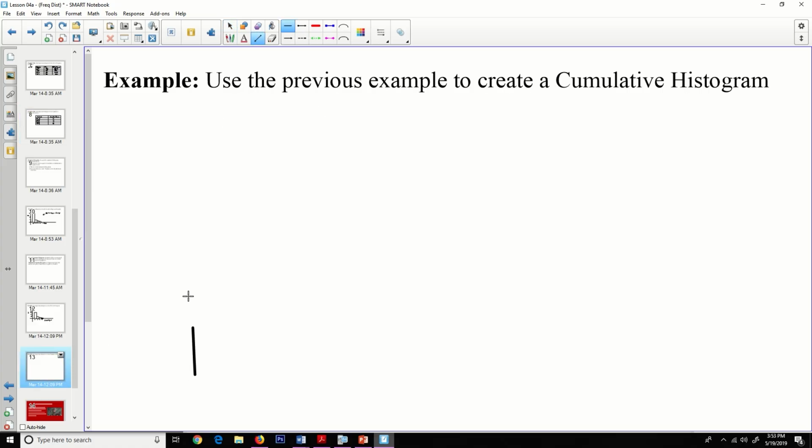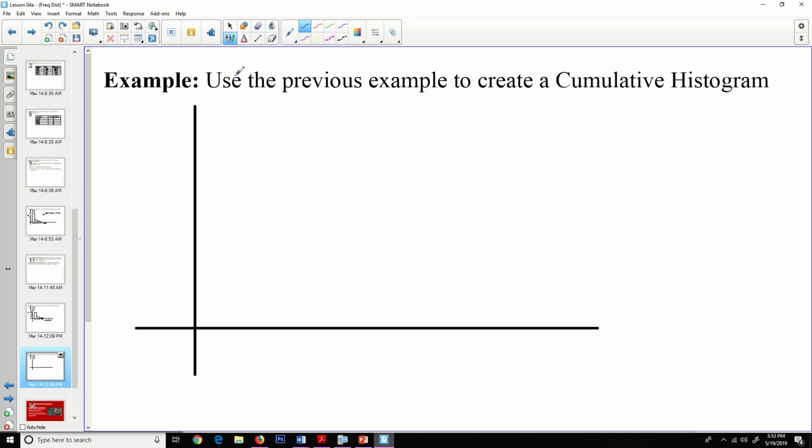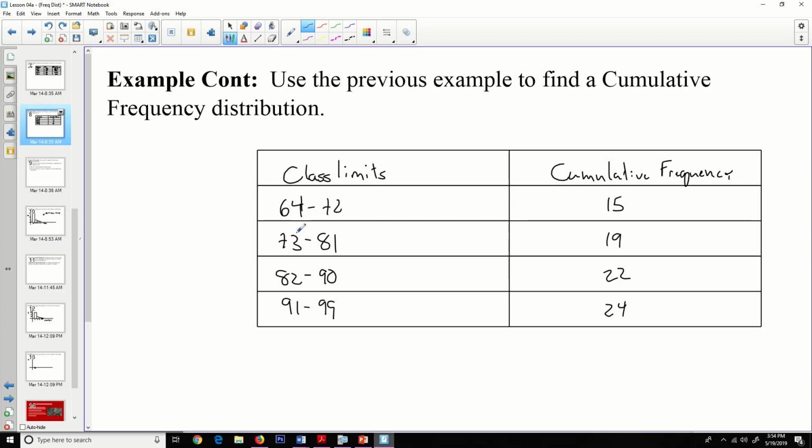And so if I throw this up, and again, this is going to be the frequency, and so this first one will be everything that is less than 73. This second one, and where am I getting the 73? I'm using the value for the lower limit of the class above it.